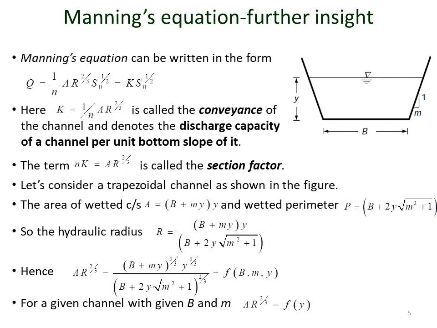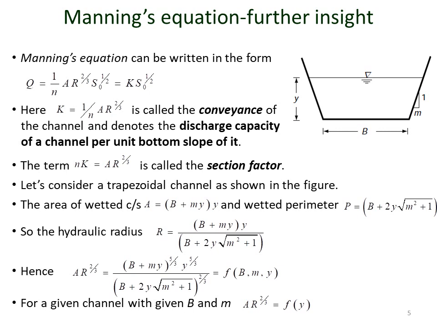If we take the Manning's roughness coefficient on the other side, we can write nK equals A into R to the power 2/3, and this term A into R to the power 2/3 is called the section factor. So like the conveyance of the channel, this product is also a kind of representation of the discharge capacity of a channel.